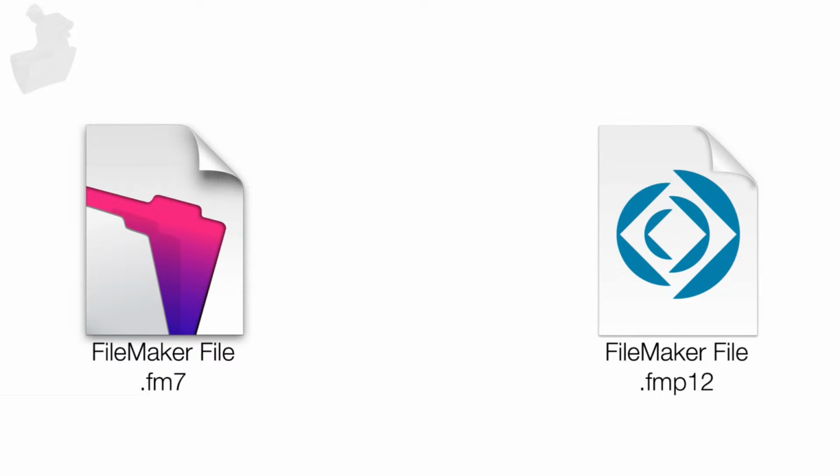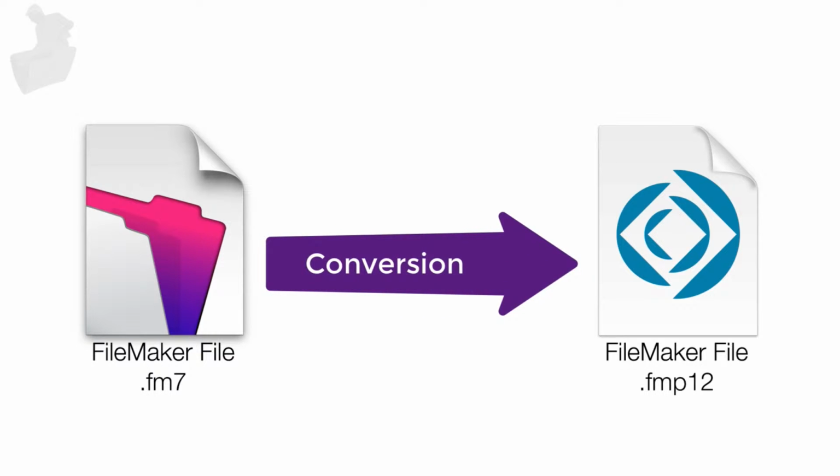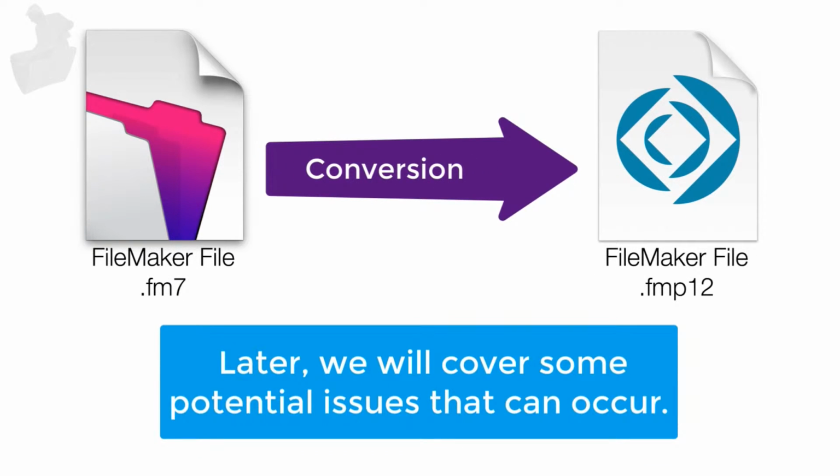Now, for the most part, converting from the older FP7 file format to the newer FMP12 file format is really a snap. And I want to show you how this works. After we go through a basic conversion, we'll talk about a couple potential gotchas that you might want to watch out for.